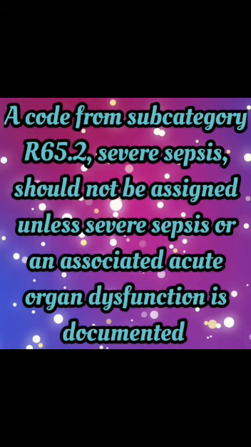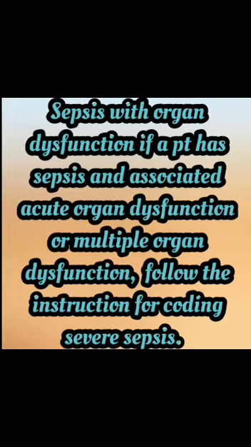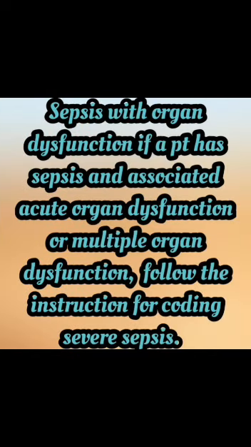So in severe sepsis, the documentation should have severe sepsis or its organ dysfunction. These two are the terms we need to find in a document. Then only we can code R65.2.